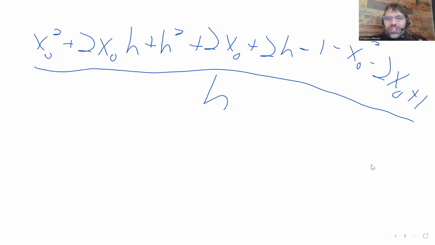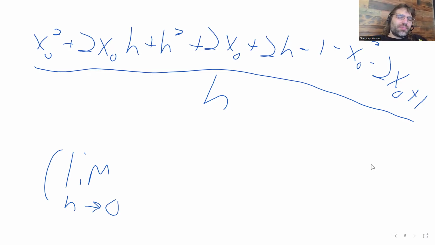Okay, pretty clearly, this is not a long-term solution. I apologize for the state of this whiteboard. I don't have space to write it, but we're still taking the limit as h approaches 0.